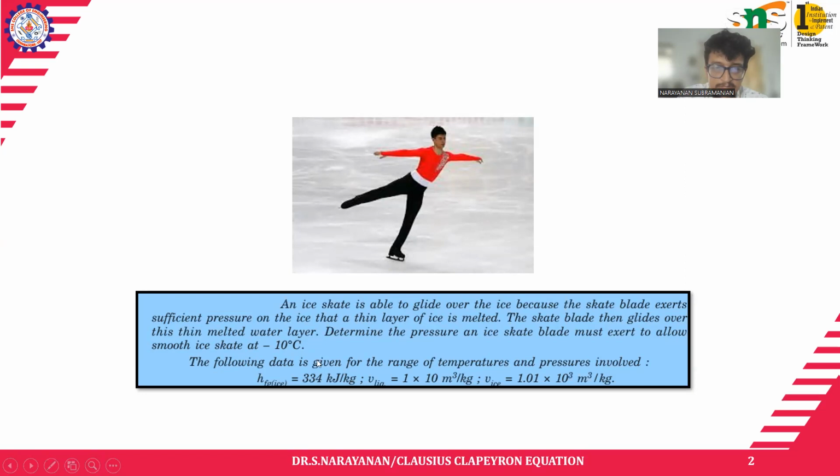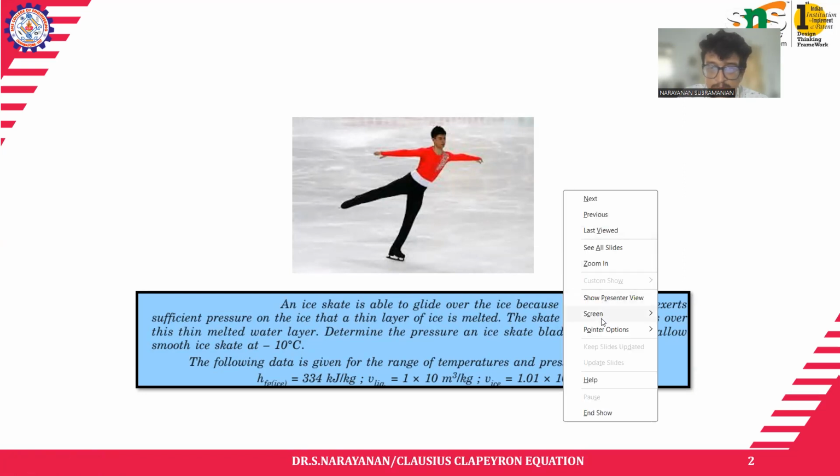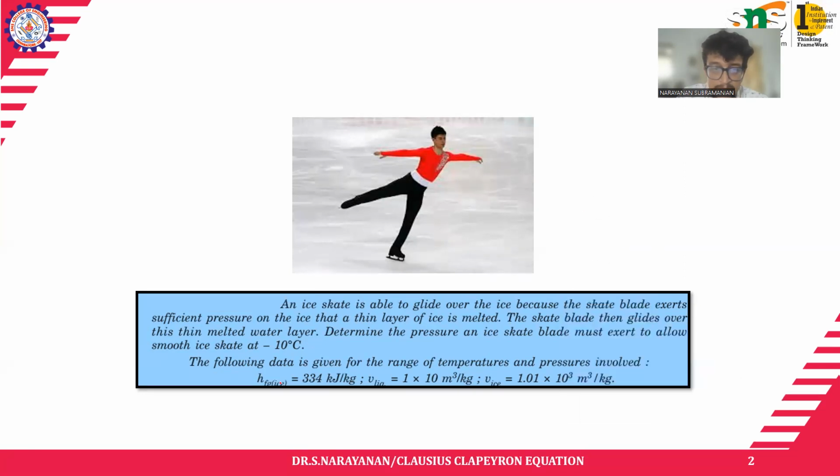That is for supplying the latent heat. For the melting of ice, HFG of 334 kilojoules per kilogram of heat must be supplied to that ice. For supplying that heat, pressure must be 13.47 into 10 power 5 Newton per meter square.